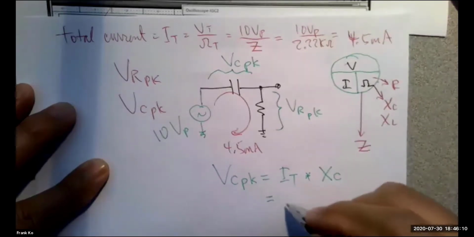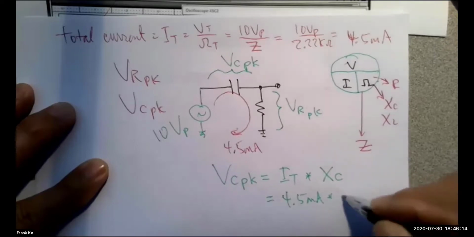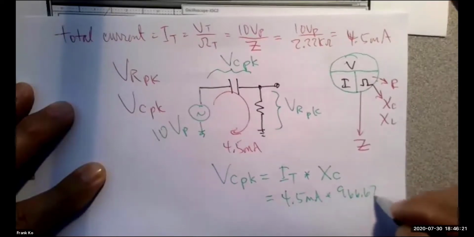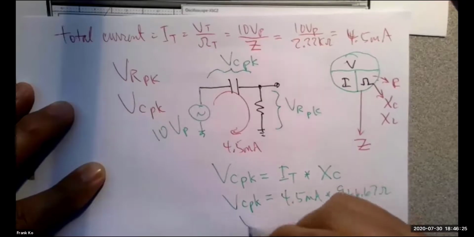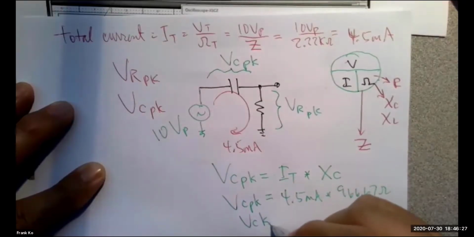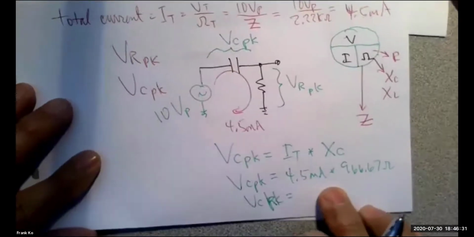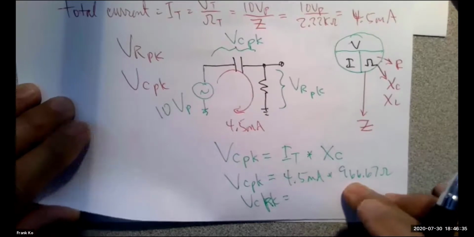So this becomes 4.5 milliamps times, what did we have here, 900 something? Yeah, 966.67 ohms. And that's my VC peak. So my VC peak is the product of 4.5 milliamps times 966.67 ohms.